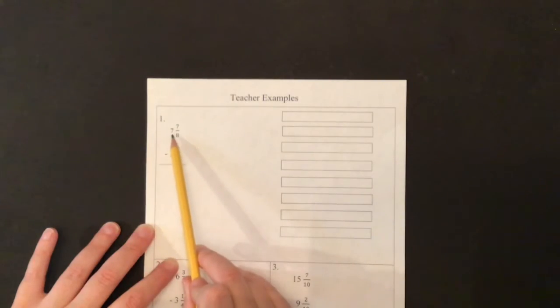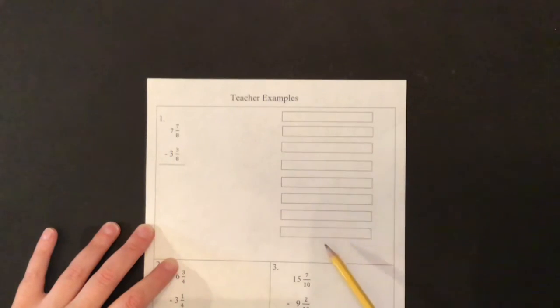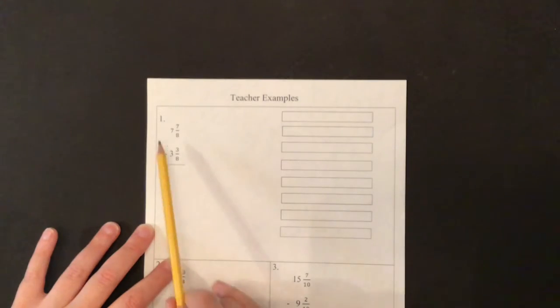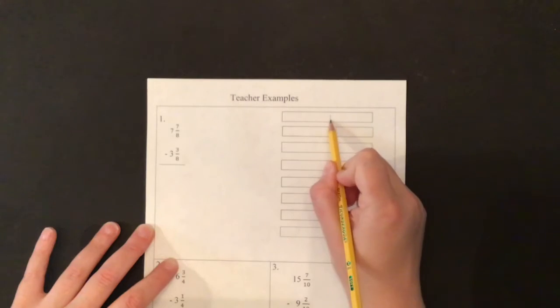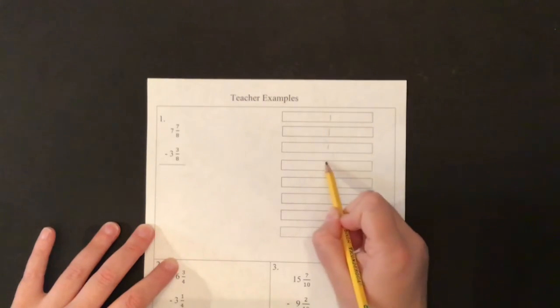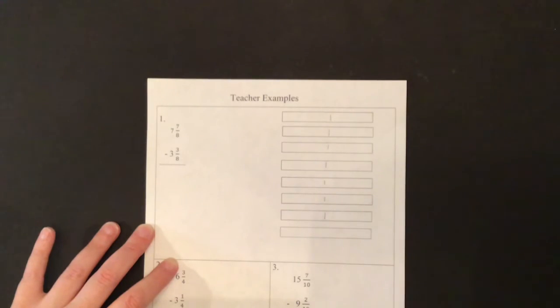I like to look at the mixed number 7 and 7/8, and then I like to count my wholes and make sure that I have that number of wholes. So I usually mark a 1 to show that it's a whole. So there's 1, 2, 3, 4, 5, 6, 7 wholes, and I put the 1 to represent that that's a whole.